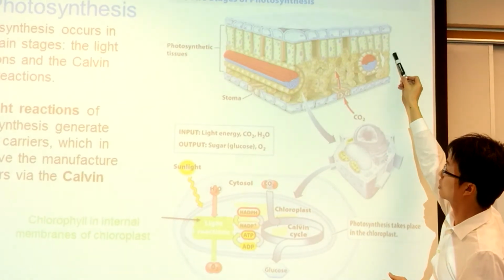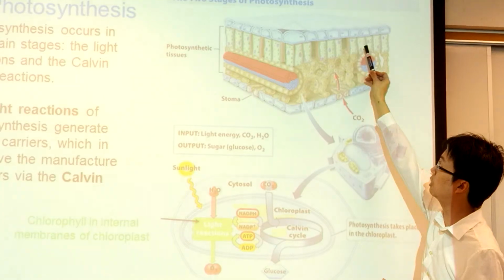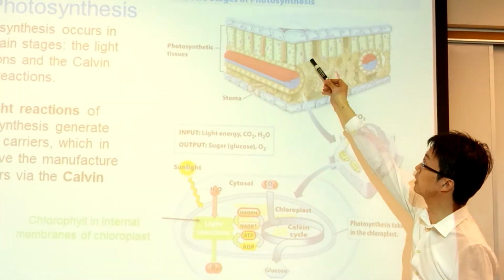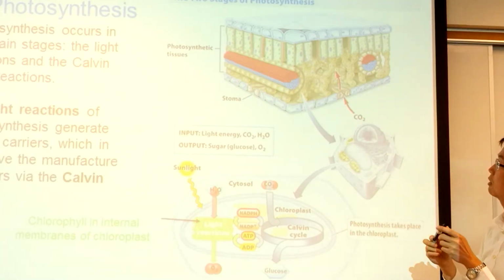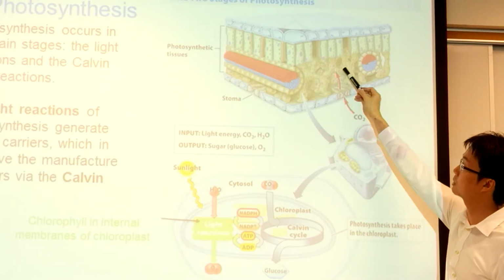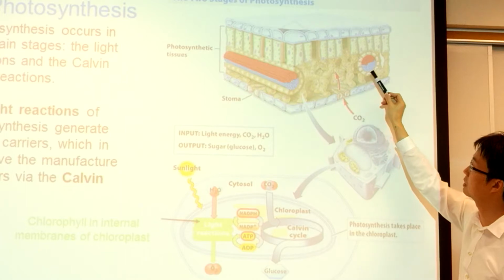And this layer is called mesophyll. Top layer of the mesophyll is called palisade mesophyll. Palisade mesophyll is tightly packed cells that are filled with chloroplasts. And then the bottom layer of the mesophyll is called spongy mesophyll because they have physical empty spaces.